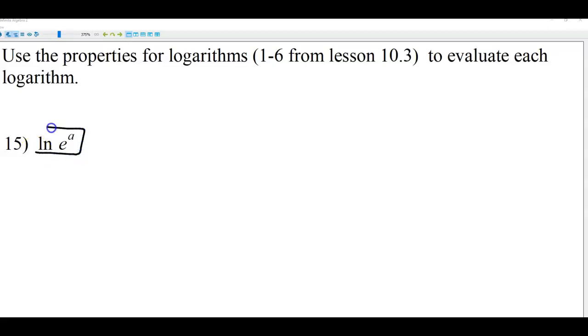This is ln of e. Now ln means that you have a log with a base of e, and then we have e to the a. Whenever the base matches this number and you have an exponent, the answer is simply the exponent. So the answer will be a in this case, and that's property 3.